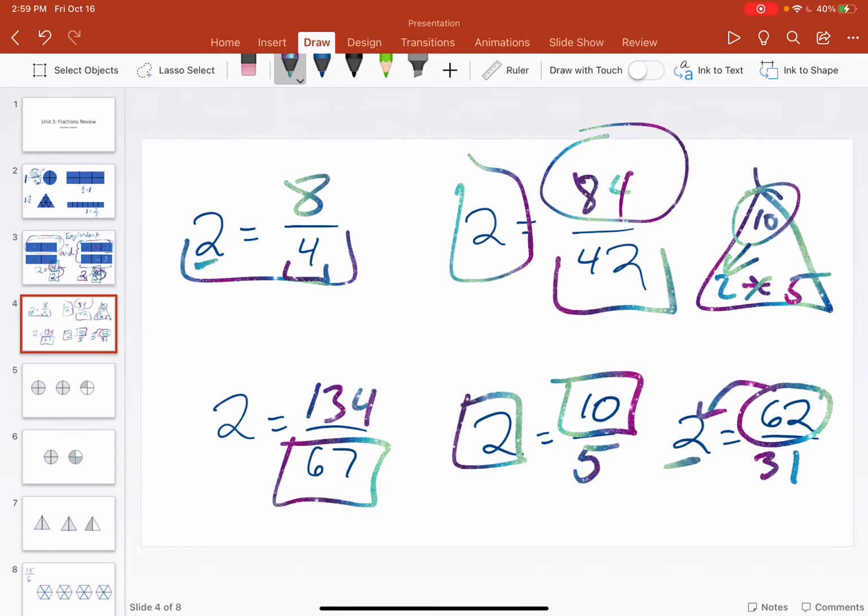Now what if I had a fraction that looks like this? Just a regular old fraction, 2 over 4, or 2/4. What do you think this would be called when the numerator is smaller than the denominator? It's called a proper fraction.